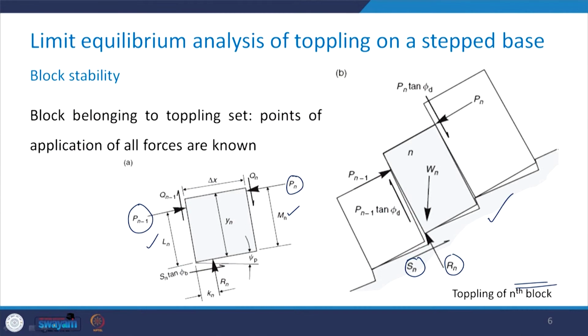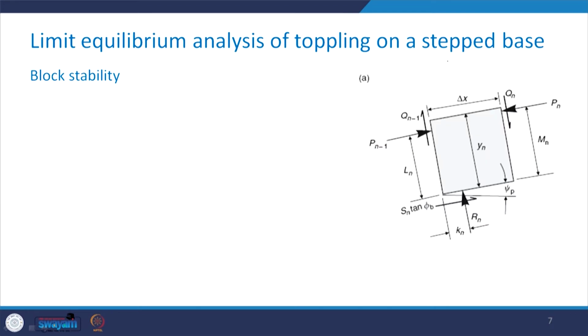This figure again shows the toppling of the nth block, with the forces Rn, Sn, Pn and Pn minus 1, and Qn and Qn minus 1, which have been represented in terms of Pn and phi d.